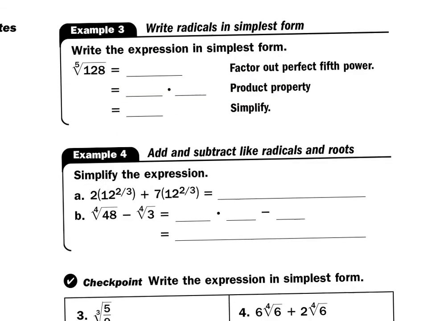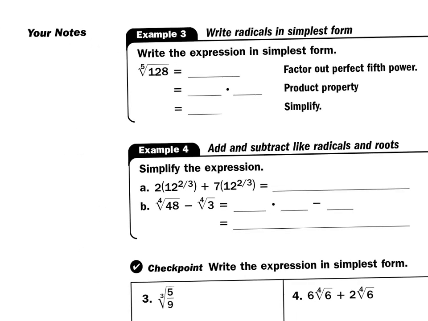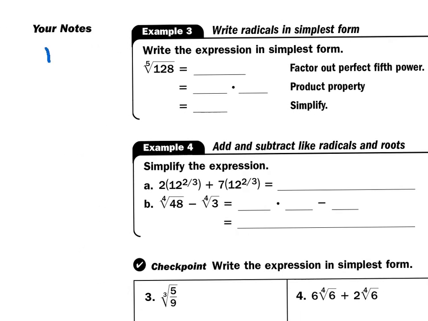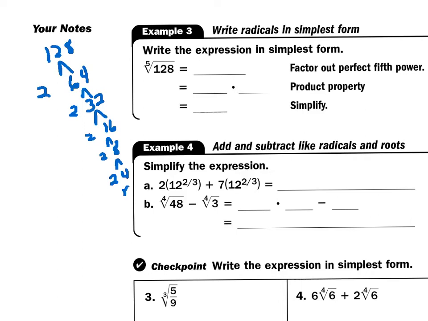Okay, example 3. Write them in simplest form. Factor out. So we would go ahead and factor 128 in a factor tree. Let me go ahead and make this a little smaller so I can do it over here. 128, 2 times 64, 2 times 32, and that is 2 times 16, 2 times 8, 2 times 4, and that's 2 times 2.